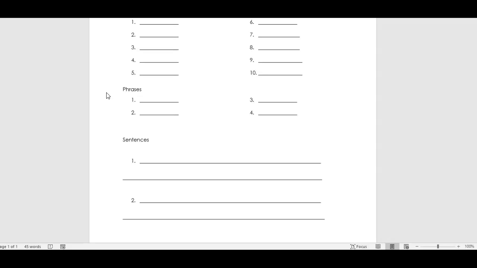Number 2, say, we can inhabit the rustic cabin. Write, we can inhabit the rustic cabin. Hopefully you have paused me if necessary and you are ready to go back through.